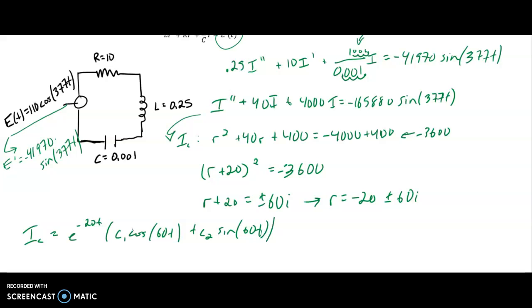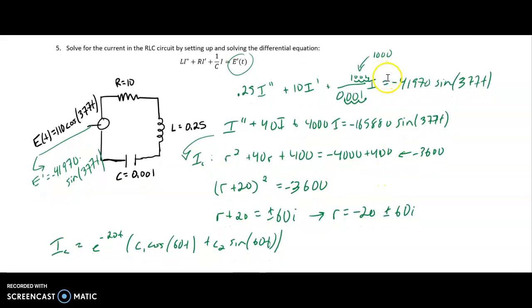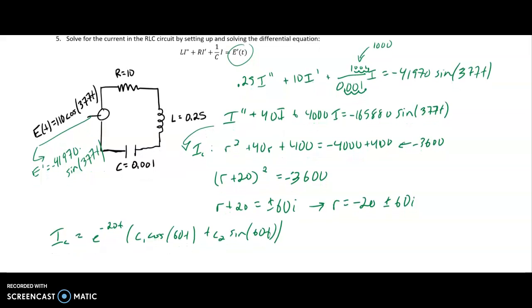So from there, I need to do a comparison with my E prime. What do I have over here as my input? It's got a sine of 377t. There's no issues with this, so I don't need to deal with any repeated or duplicated roots. So I'm just going to do a normal undetermined coefficients work, and I'll switch to blue for that.